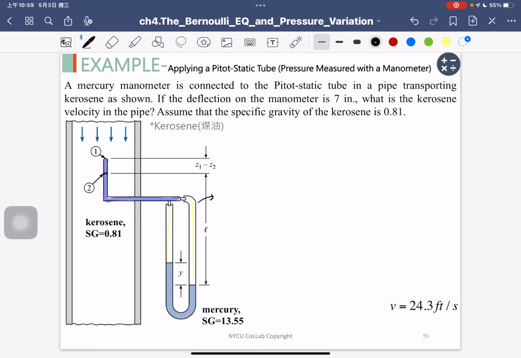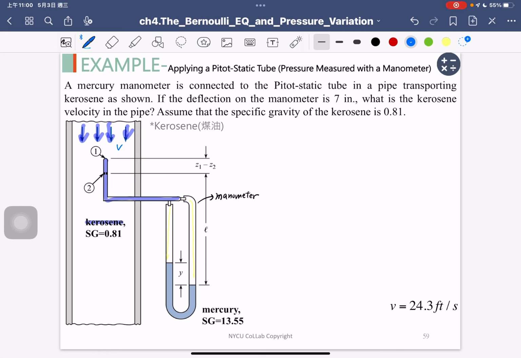As you remember, the manometer is trying to measure the hydrostatic pressure difference between two different points. Okay, so if you remember, the question is we wonder to compute the velocity downward of the kerosene. So our target is the kerosene. We wonder to compute how fast the velocity is in here.